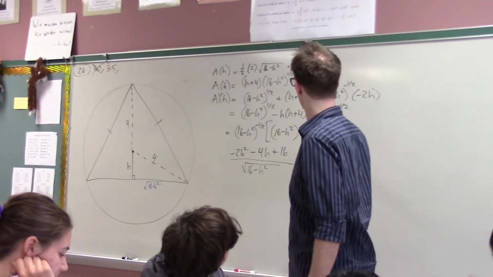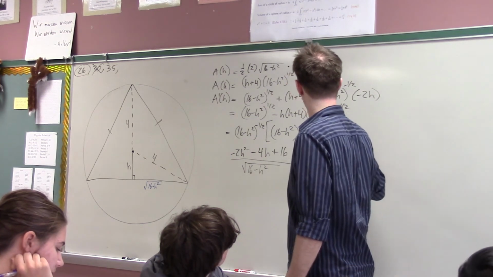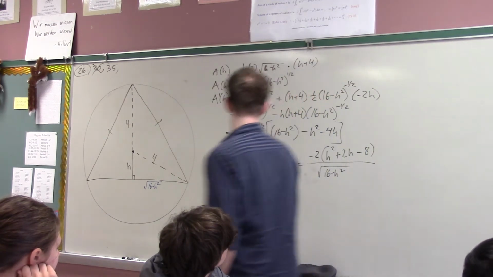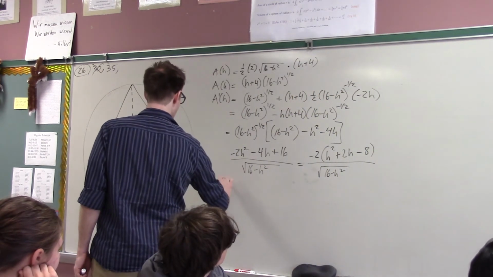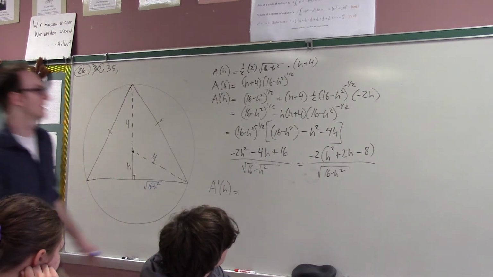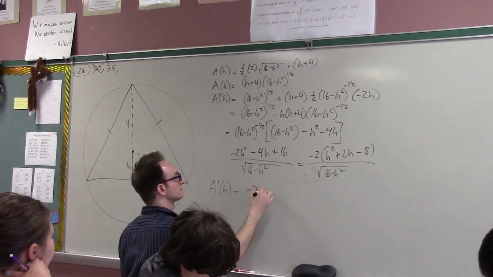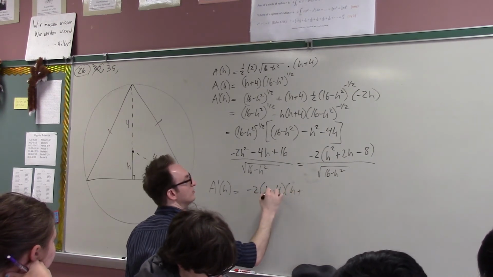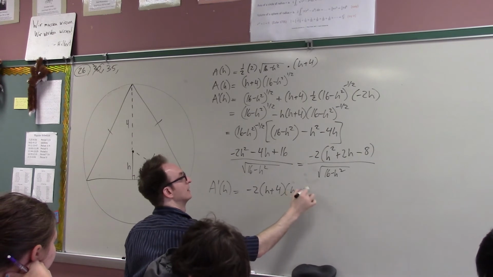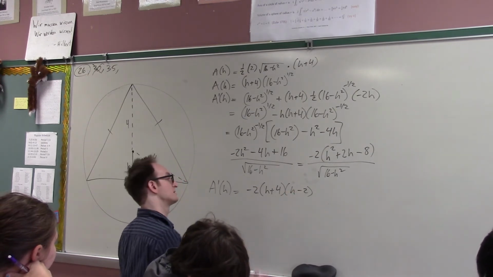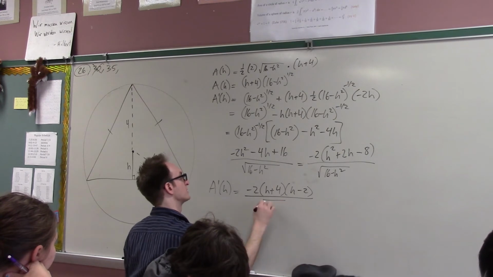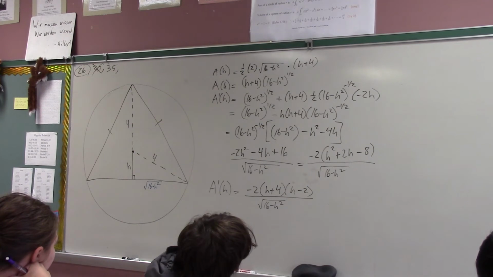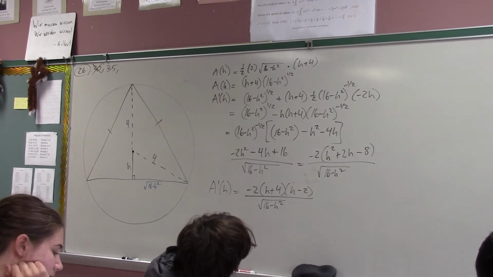If I factor out a negative 2, it's h squared plus 2h minus 8. And finally, I can write my last expression for the derivative. It's negative 2 times h minus 2, times h plus 4, all over root 16 minus h squared. Okay, cool? Alright, you guys pretty much got this?